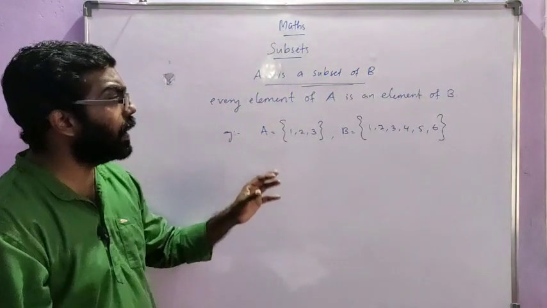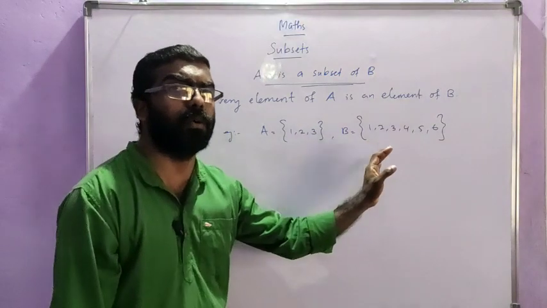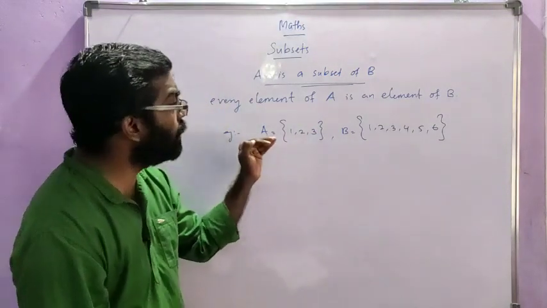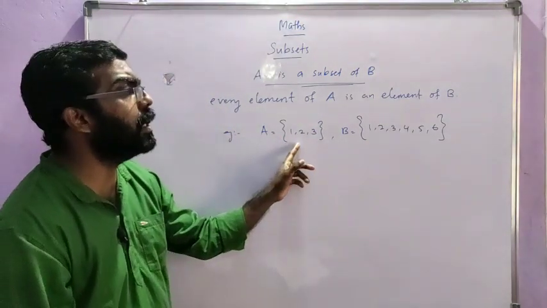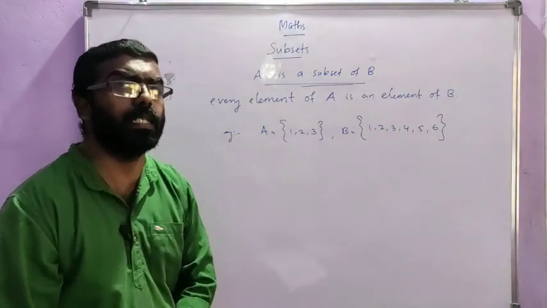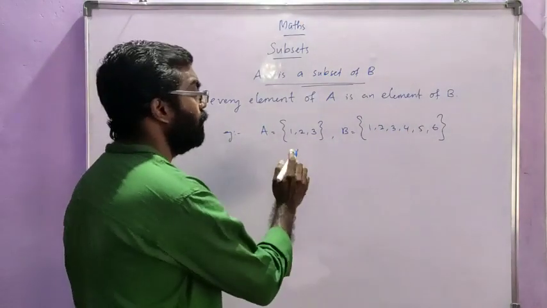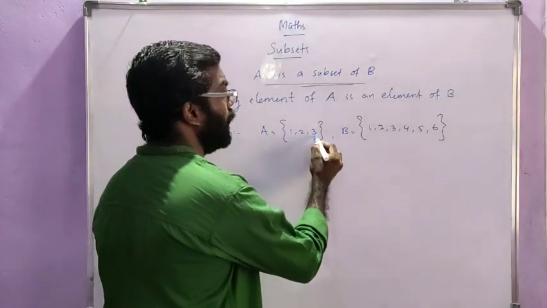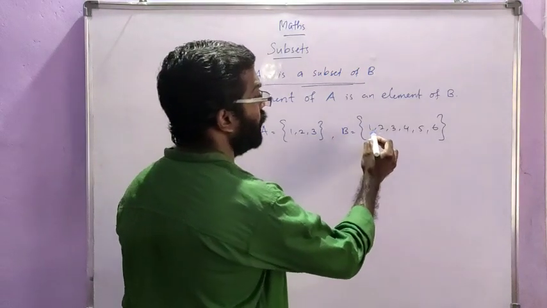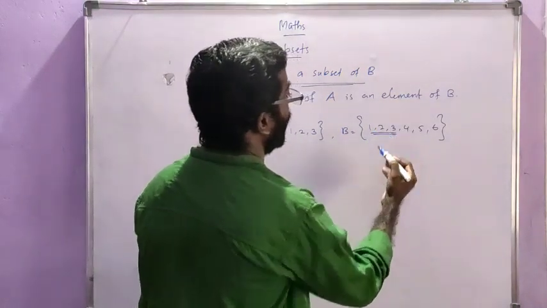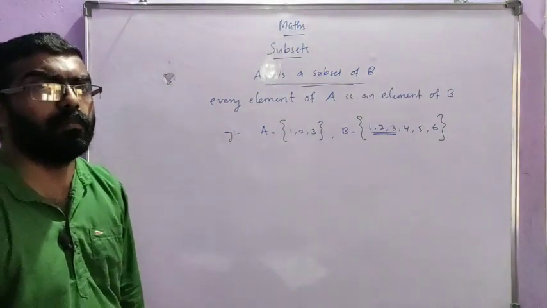So here we can say A is a subset of B because every element of A is an element of set B. Here the elements of first set are 1, 2 and 3 and clearly the elements 1, 2, 3 contained in the set B.